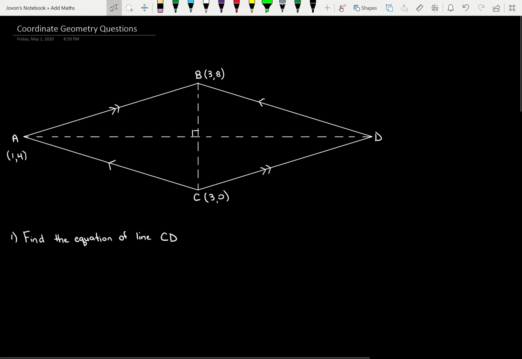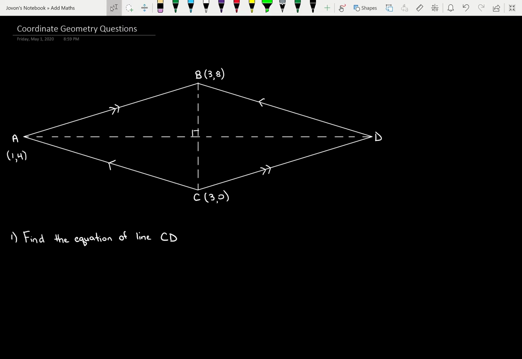So here we have a shape ABCD. They gave us the coordinates of A, B, and C. They also show us that the lines in this shape are parallel, and they ask us to find the equation of the line CD.